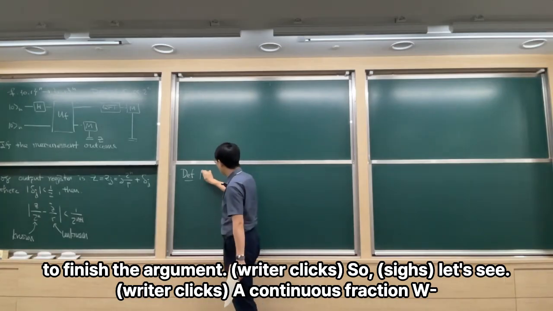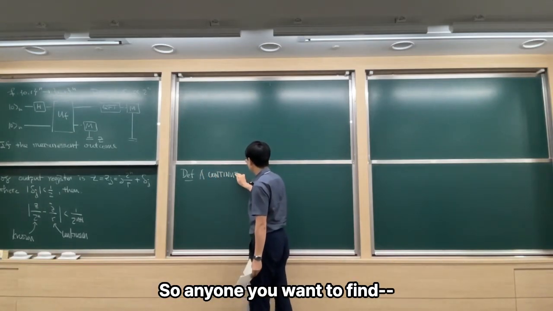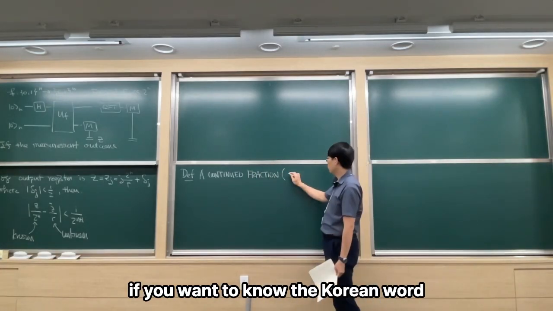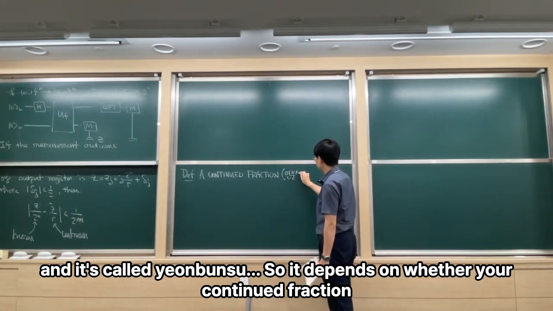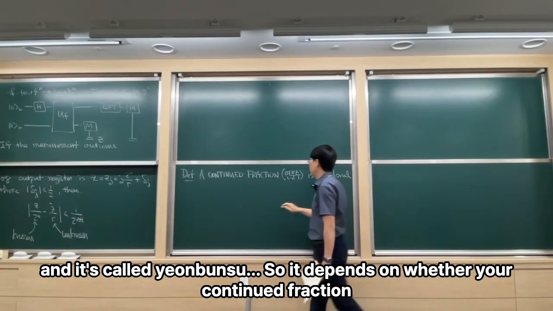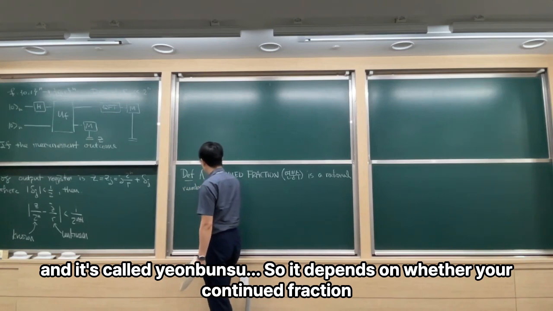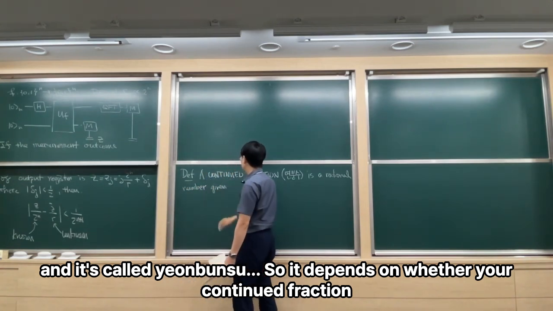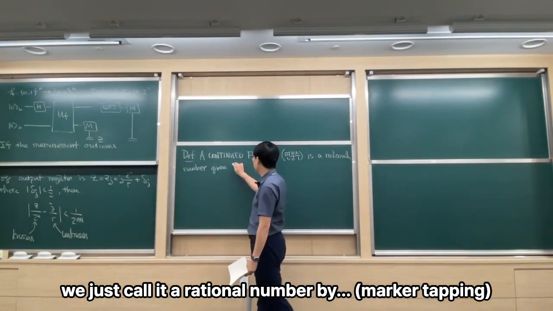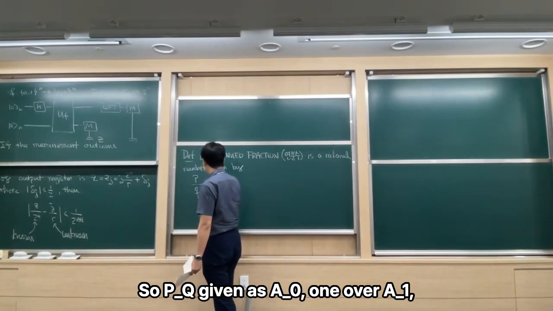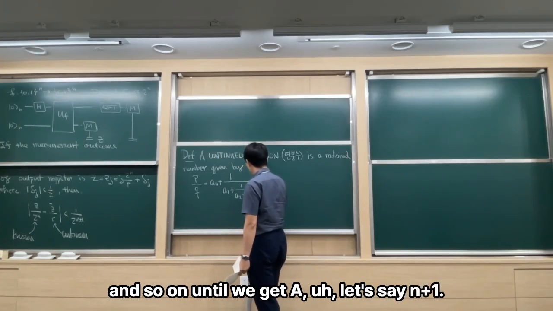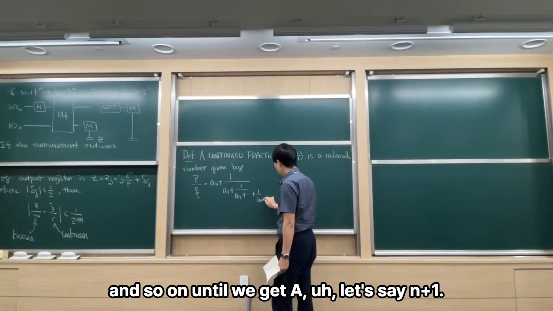So let's see. A continued fraction, if you want to know the Korean word, is called 연분수, is a rational number given by... it depends on whether your continued fraction is finite or infinite, but mostly when we say continued fraction, we call a rational number p over q given as a0 plus 1 over (a1 plus 1 over (a2 plus ...)) and so on until we get to, let's say, a_(n+1).